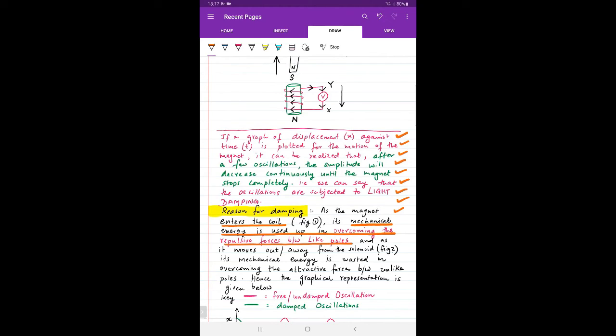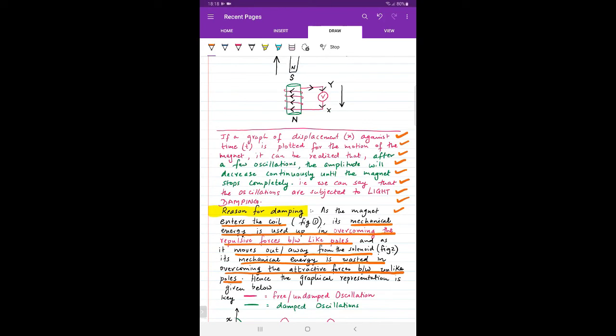Its mechanical energy is used up in overcoming the repulsive forces between like poles. And as it moves out, slash away from the solenoid, which was figure 2, its mechanical energy is once again wasted, but this time in overcoming the attractive forces between the unlike poles. So are you guys okay with the wordings I have written?